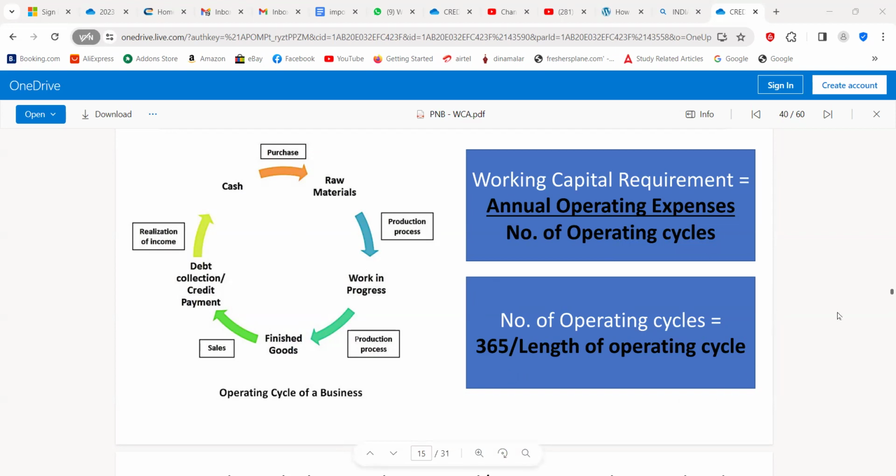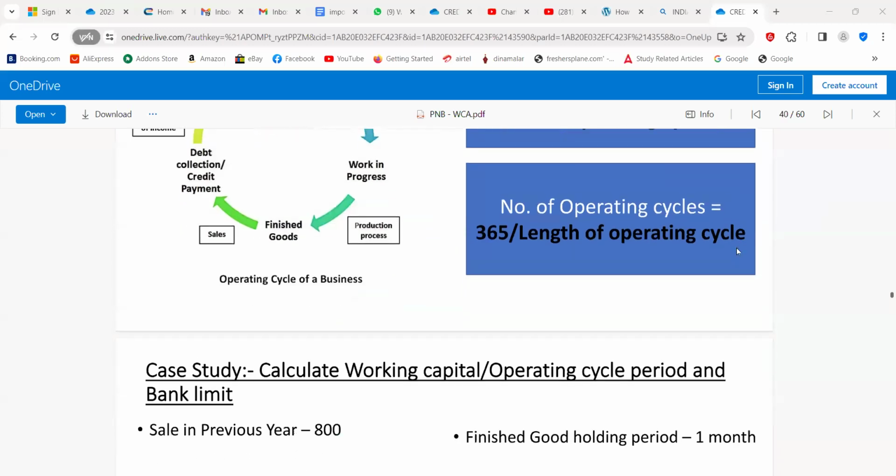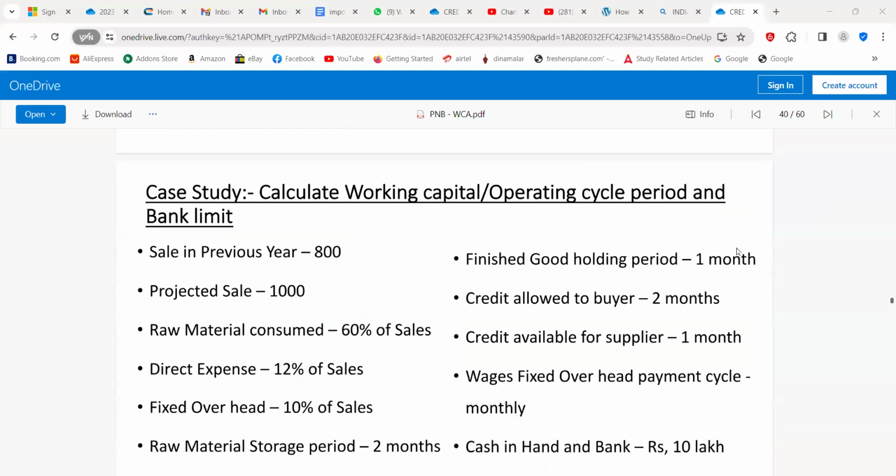So there will be 6 operating cycles for a unit like what I am telling you, where it takes so many days to come as a finished good, then so many days credit and cash realization, everything. It happens once in 2 months. So the operating cycles are 6 times. So annual operating expense divided by 6 is one method of working capital requirement.